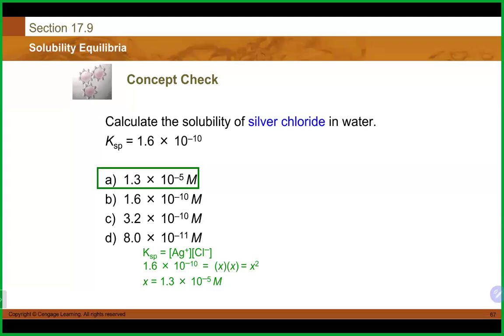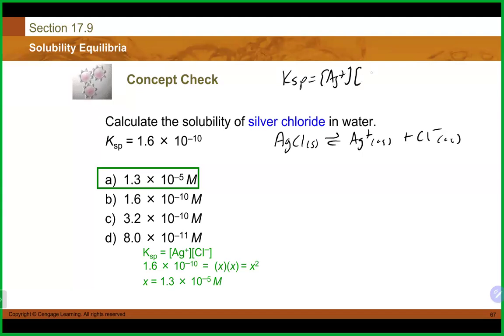So let's show you that here, which is silver chloride. This is our silver chloride equilibrium. And our KSP in this case would be our silver ion and our chloride ion.